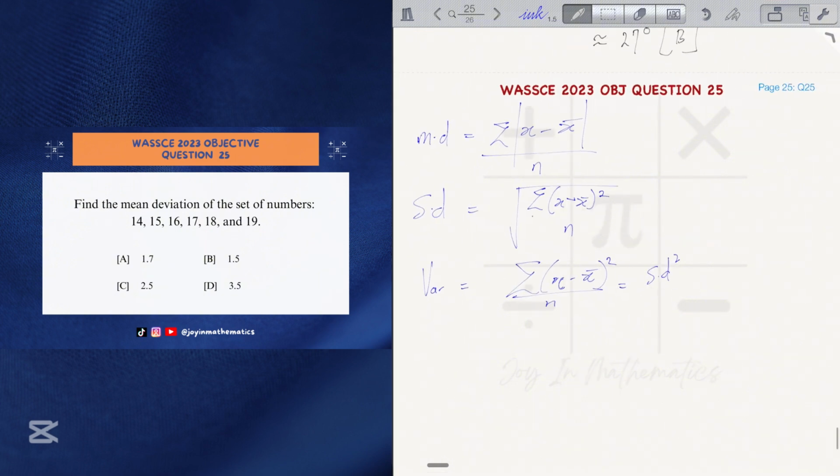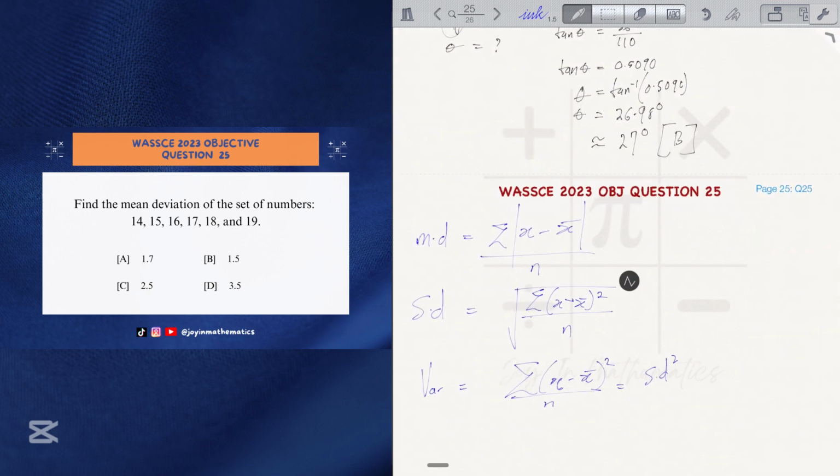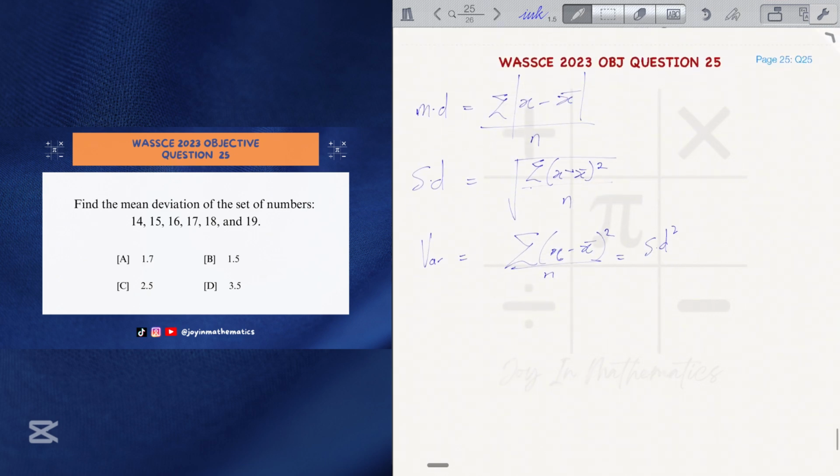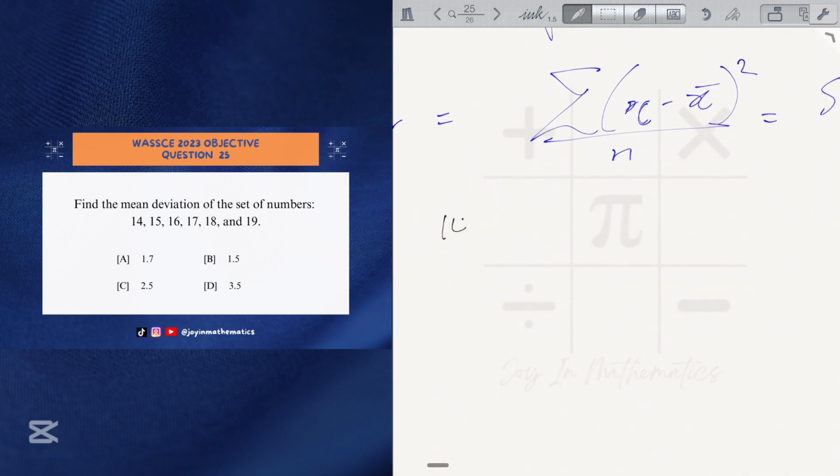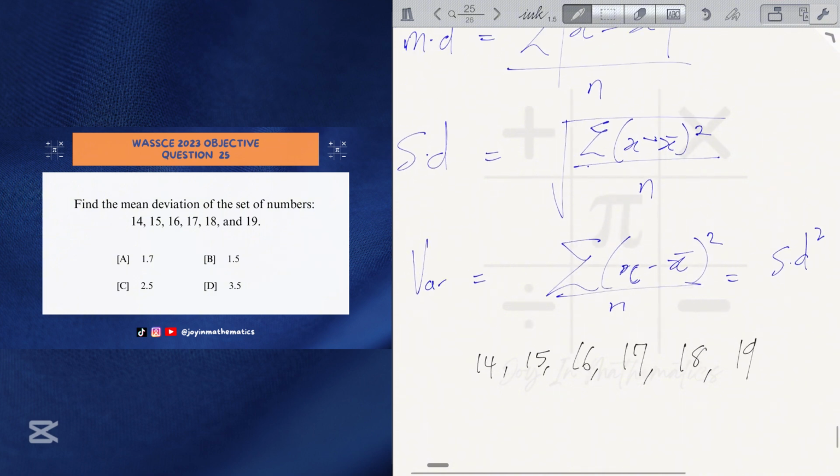So now let's apply this principle to the question that we have. We're given a set of data: 14, 15, 16, 17, 18, and 19. And we're asked to find the mean deviation. What is the formula for mean deviation?